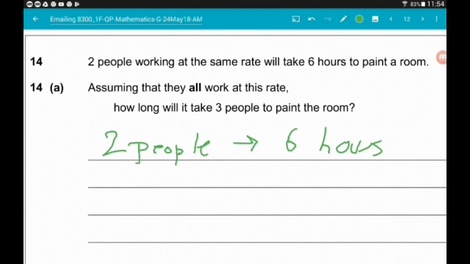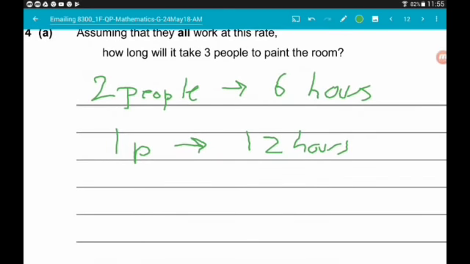So one person is going to take twice as long. So one person is going to take 12 hours. Now, 3 people are going to take a third of the time it's going to take one person. So, 3 people are going to take a third of 12, so they're going to take 4 hours. Cool.